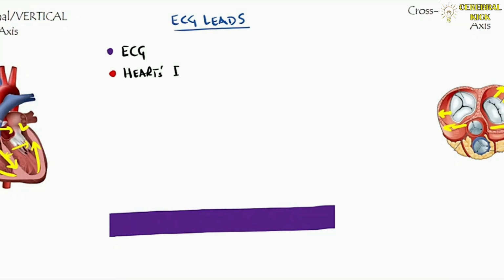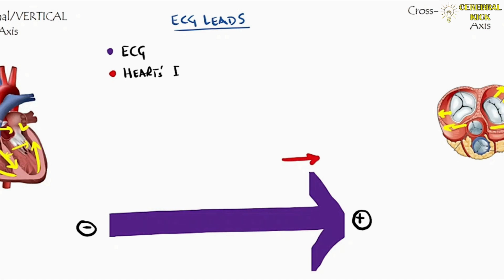drawing the ECG current from the negative electrode to the positive electrode, the red colored intrinsic heart current can, simplistically speaking, be in 3 positions relative to the ECG current. It could be moving in the same direction as the ECG current, it could be perpendicular to the ECG current, and it could be moving in the opposite direction.